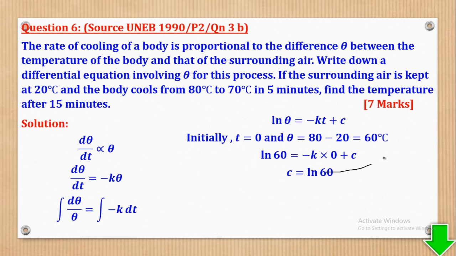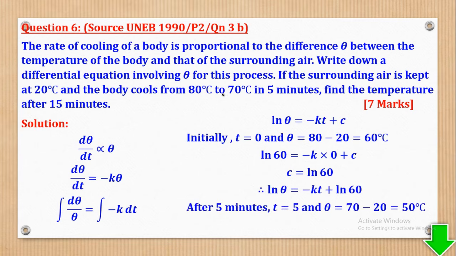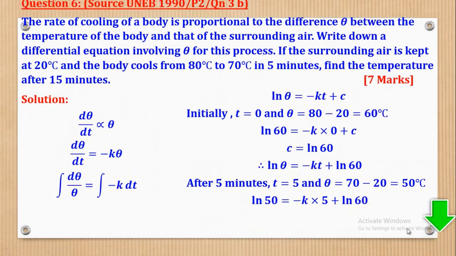Now this ln 60 will be replaced here to come up with that line. Then another condition is that after 5 minutes t is equal to 5 and theta is 70 minus 20, which is 50 degrees Celsius. So when I substitute, I'll come up with that. So I have to simplify and get the value of k.